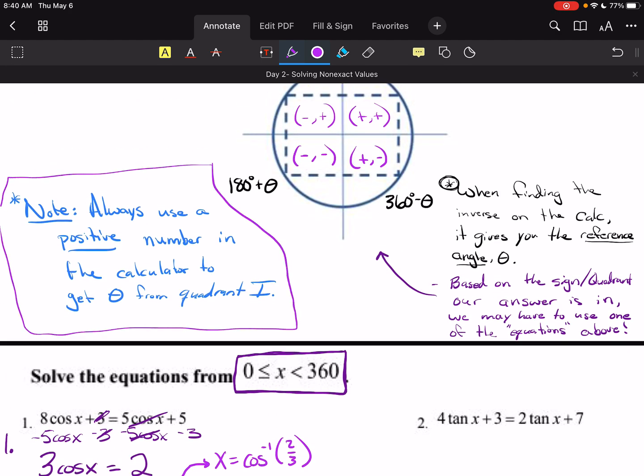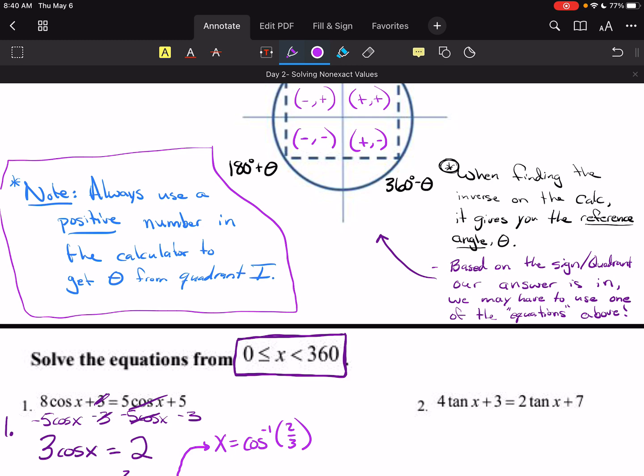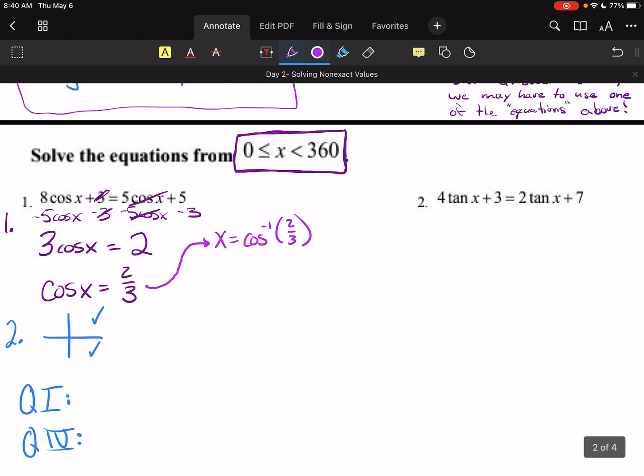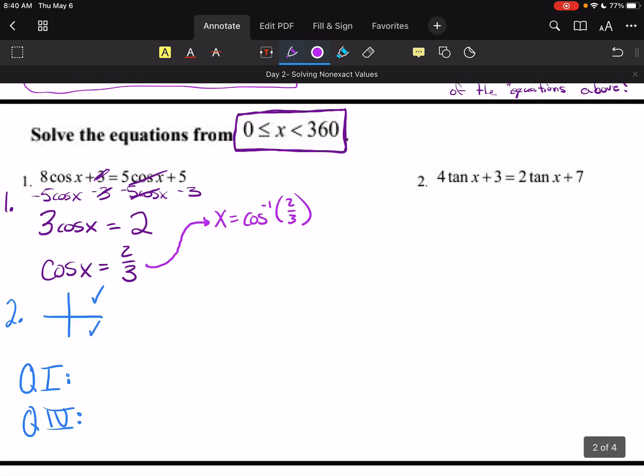Even if we get a negative, which we'll see in a few examples, I'm always going to plug a positive value into the calculator to get that theta measure for quadrant 1. The negative just helps me to identify the quadrant I'm in. But this one's already positive, so I type in cosine inverse of 2/3 into my calculator, making sure it's in degree mode, and it gives me my reference angle of 48.1 degrees.